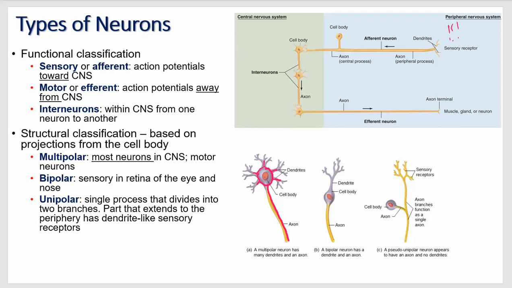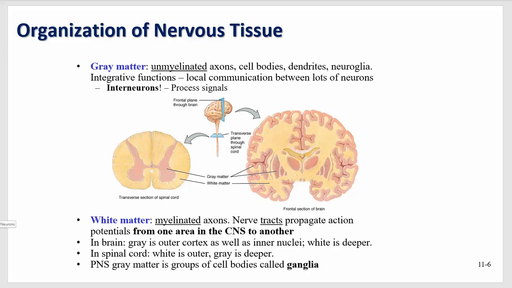This one has only two projections coming out, so we call that a bipolar neuron. And here's your cell body with one projection coming out, so we call that a unipolar neuron. Those are the classifications. If you look at these microscopically, those are the three types that you'll see. Most of them are multipolar, but there are some bipolar and unipolar in specific places.